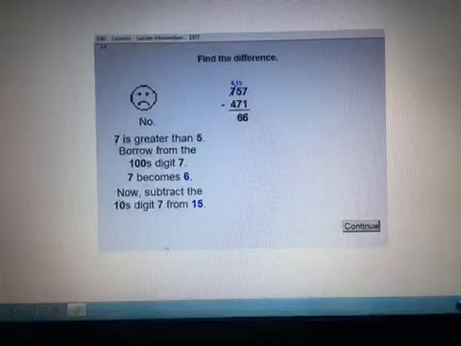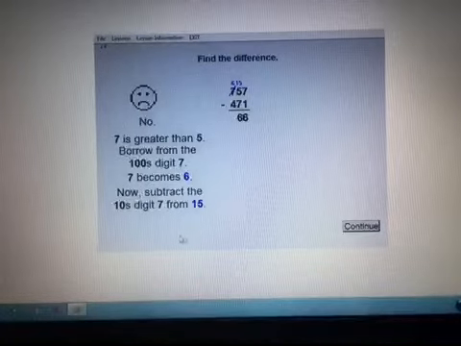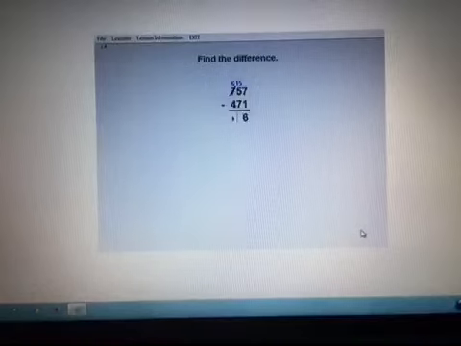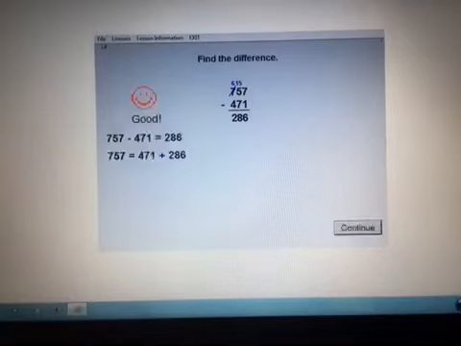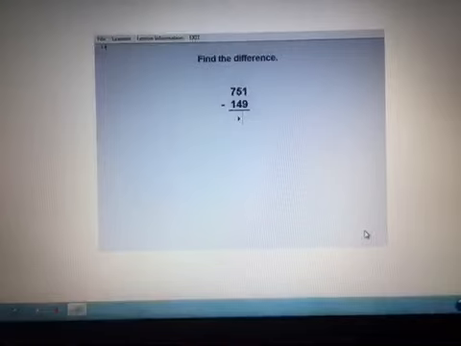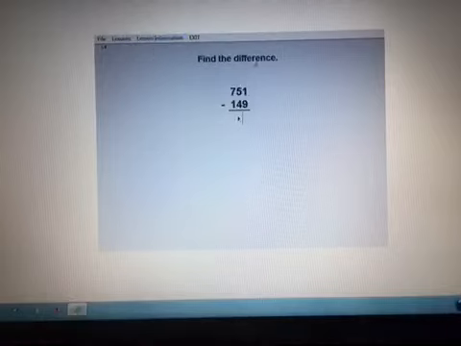And we see very detailed information, explanation of what's going on. So that explains the strategies, and we hope that students will be able to learn to subtract.